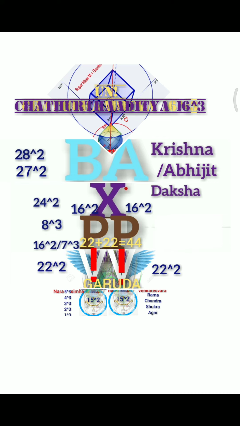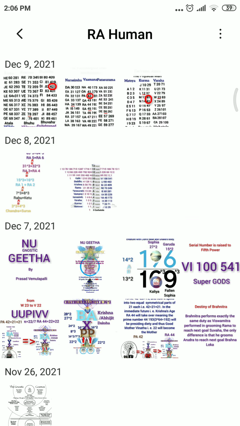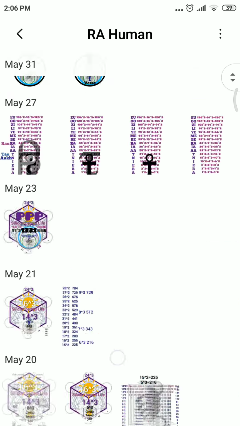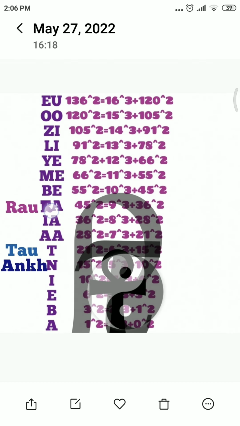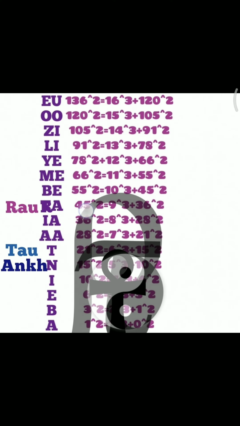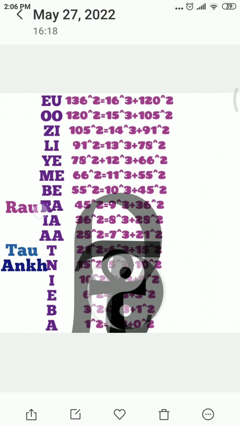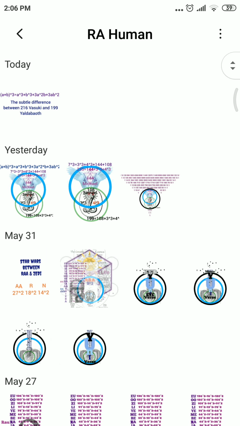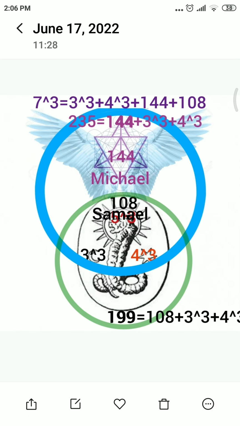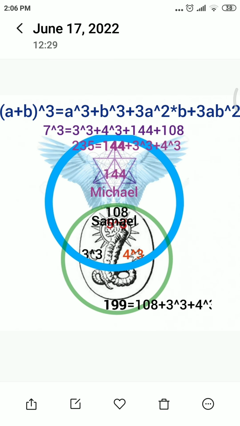The other raw, as I told in my previous video, is this raw, which is 44. 45 gives way to 44, and this is the actual raw. Anyway, let us not deviate. So that is 8 cube.